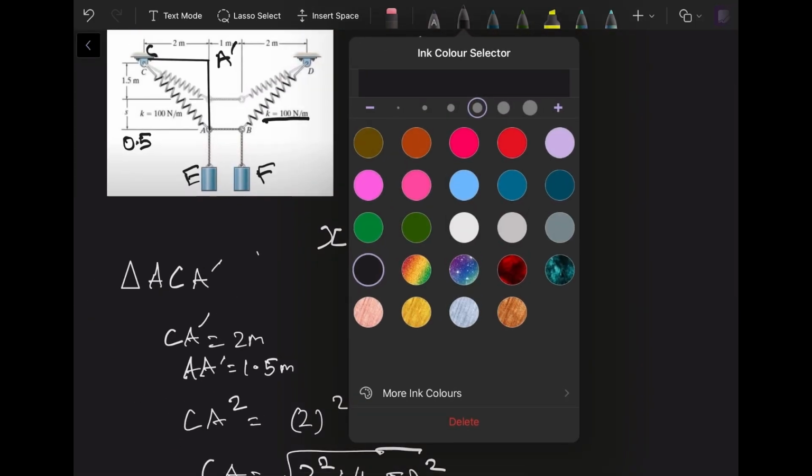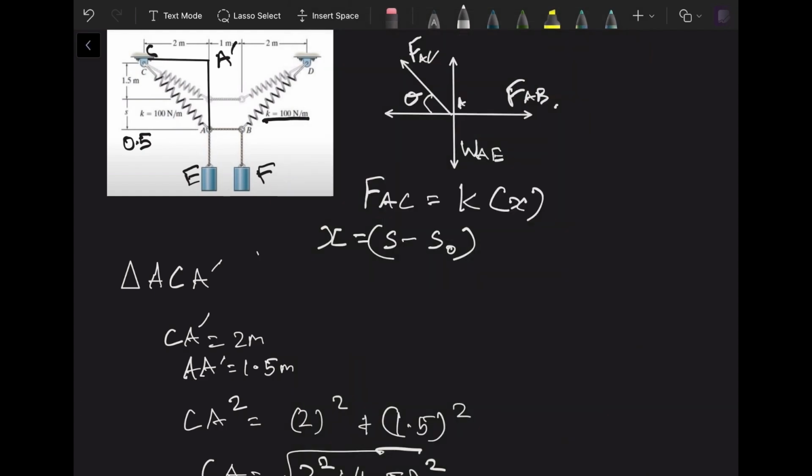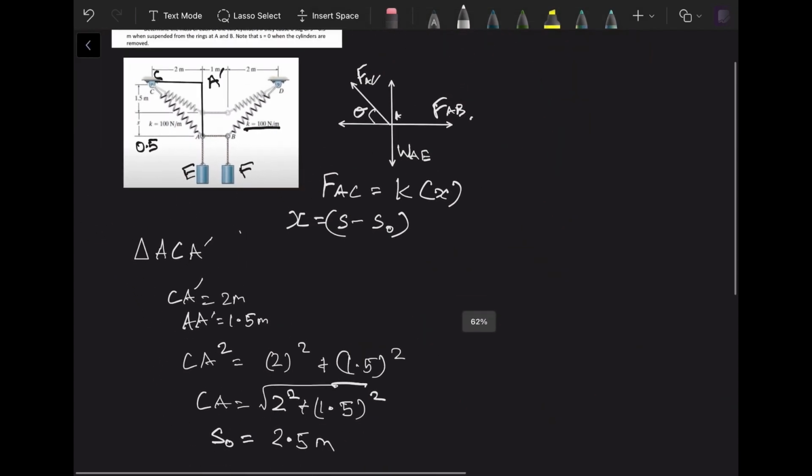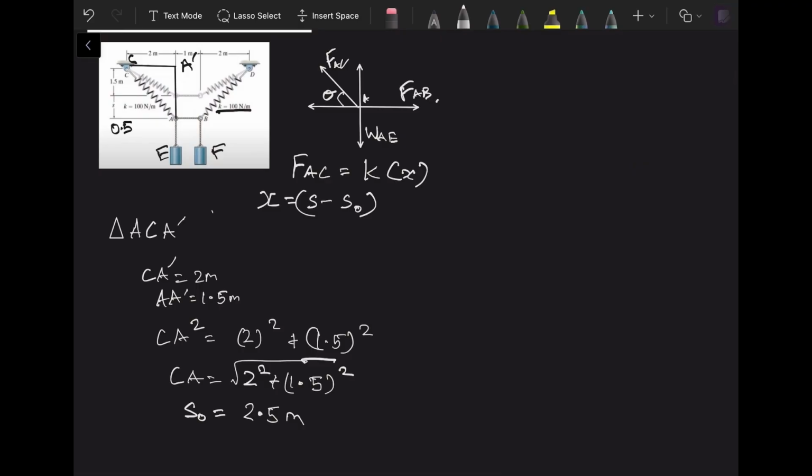Taking into consideration the triangle ACA dash after sag, CA dash is the same, 2 meter, but A dash A is different, just 1.5 meter plus S, which S is 0.5, so we get 2 meters.